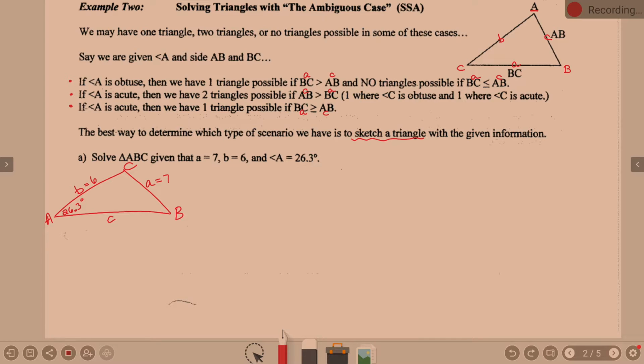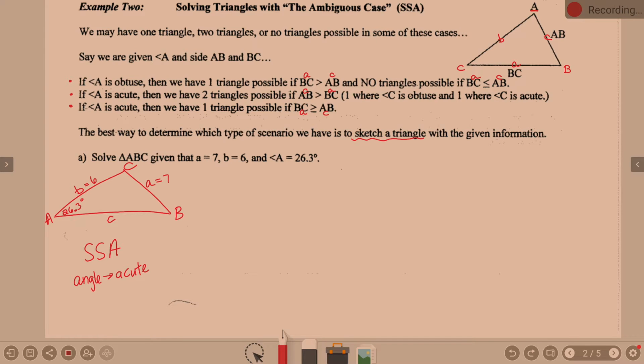What setup are we given here? I have to check that, right? I have a side and an angle. So this is a side-side angle. And what do you notice about that angle? The given angle is acute, isn't it? So at that point, we're looking at one of those two options.